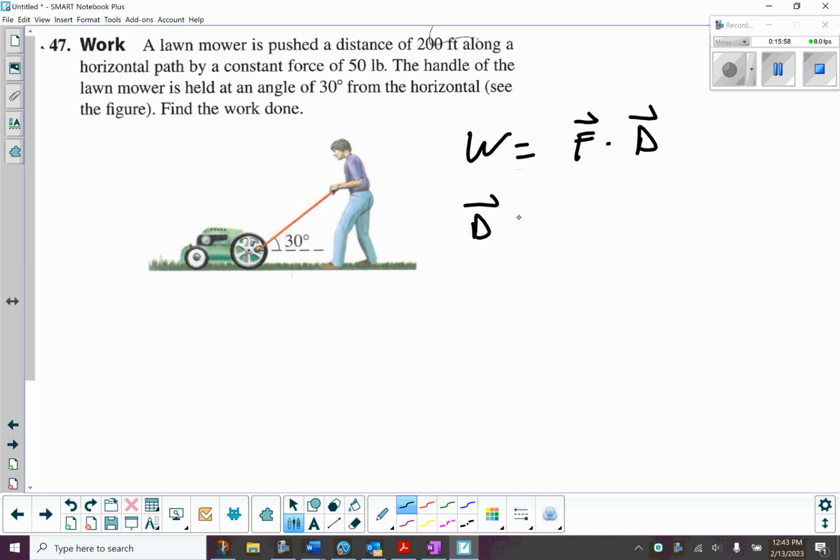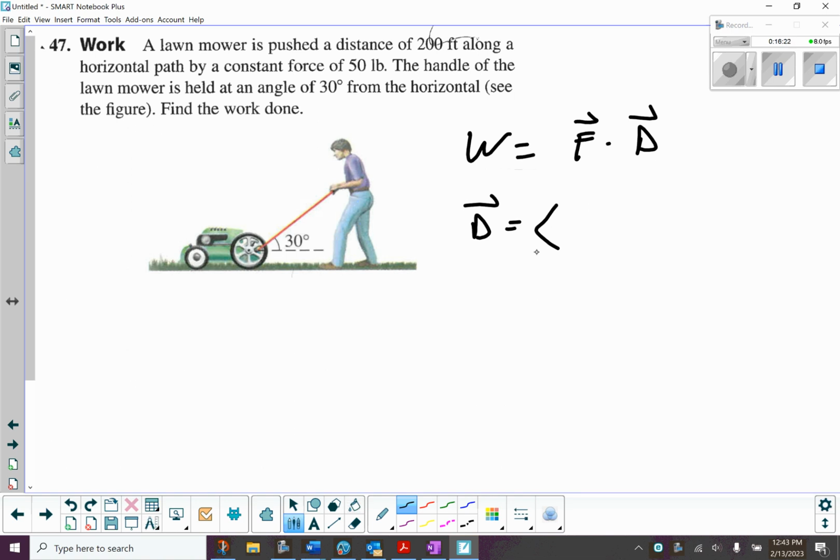Well, our distance vector here, we were told it's 200 feet along a horizontal path. Now, it doesn't give us any specific description of direction. Make it easier on yourself.